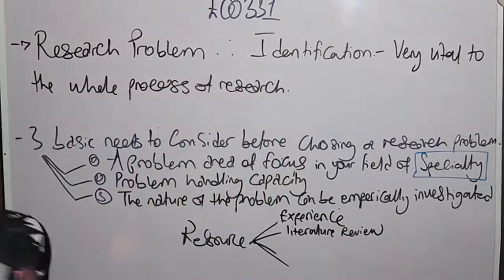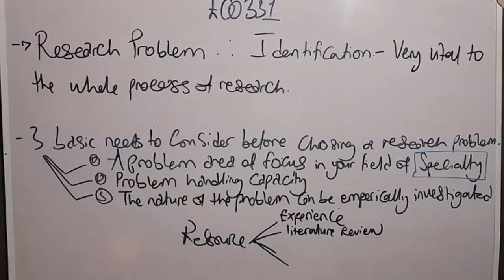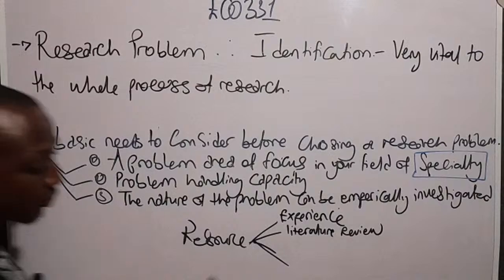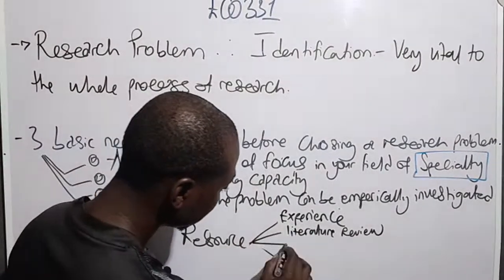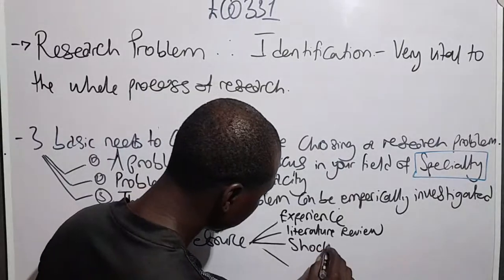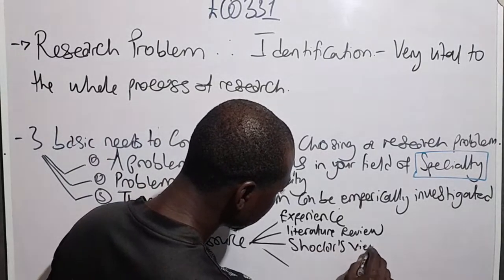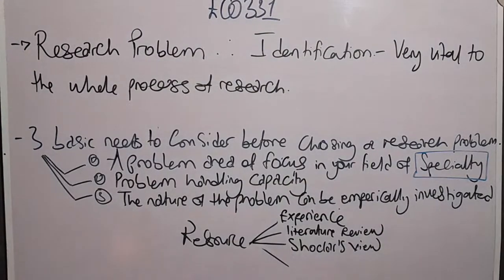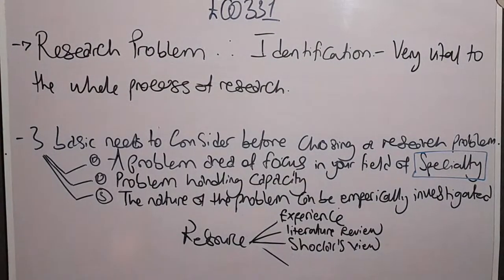We also have the scholars' view. When we talk about scholars, you reach out to professionals in certain fields, in any of the specialized fields you want to go into, and they can lead you to identifying, help direct you, or help you to realize certain areas.